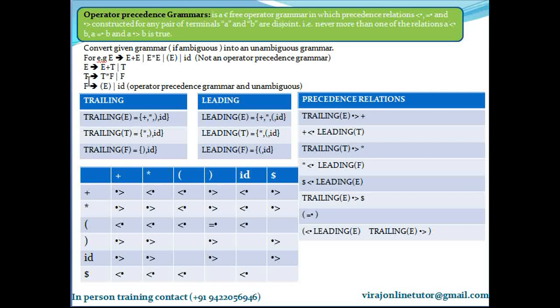So T is equal to T, forget about it. This is starting with a non-terminal, so whatever is in the leading of F, you copy into leading of T. Similarly, whatever is the leading of T, you copy to leading of E. That's it. So this is how to compute leading.